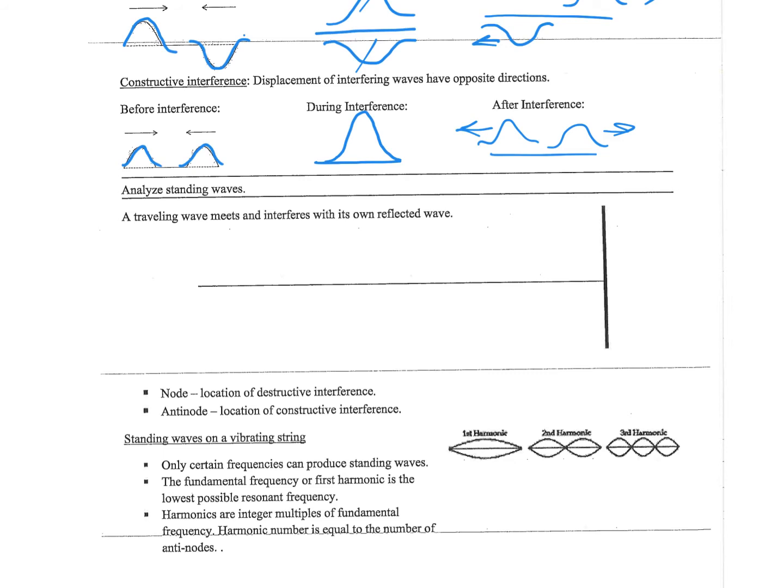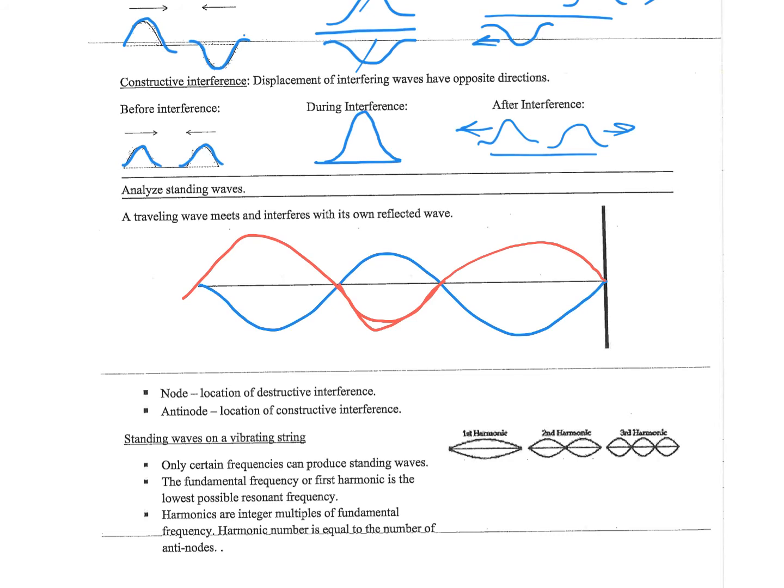So if we've got something that looks like this, that's our original wave. What is our reflected wave going to look like? Exactly opposite, isn't it? Okay. It's going to be exactly opposite the other. All right.